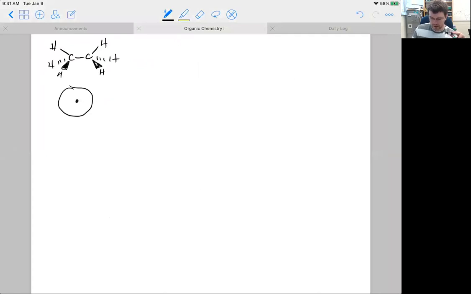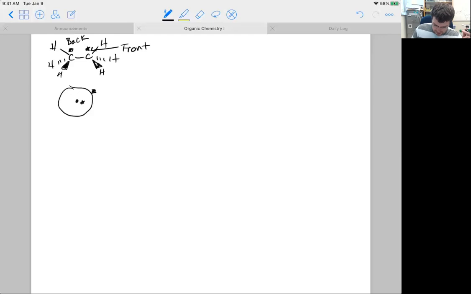Okay, so I'm going to designate this star. This is my front carbon. And then this square is back carbon. So my star is kind of right here. My square is kind of right here. Because again, we're going from here to here.